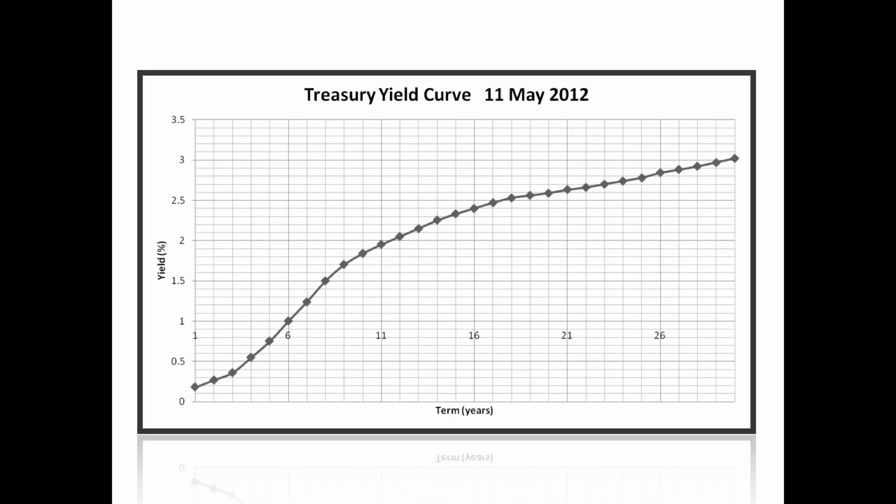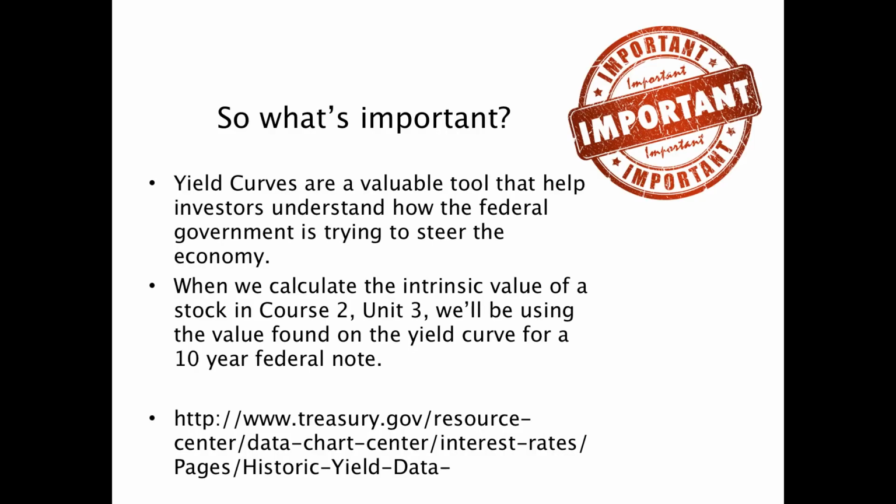And we're still seeing the effects of that in 2012. But if you look at that 1 year mark for the yield, you can see it's below 0.5%. So that's extremely low. And as you look out to the 30-year, it's only 3%. So that's where we're at in our current market condition on 11 May 2012. So what's important about those yield curves?